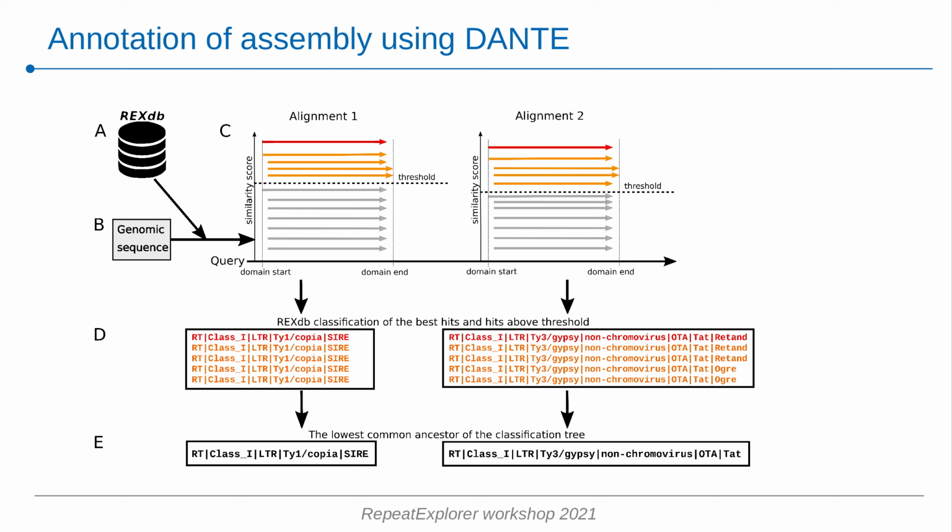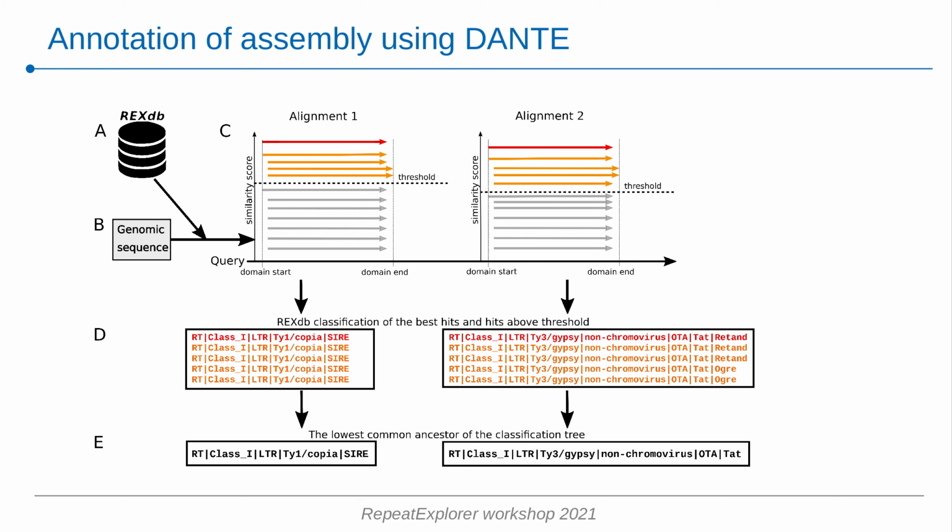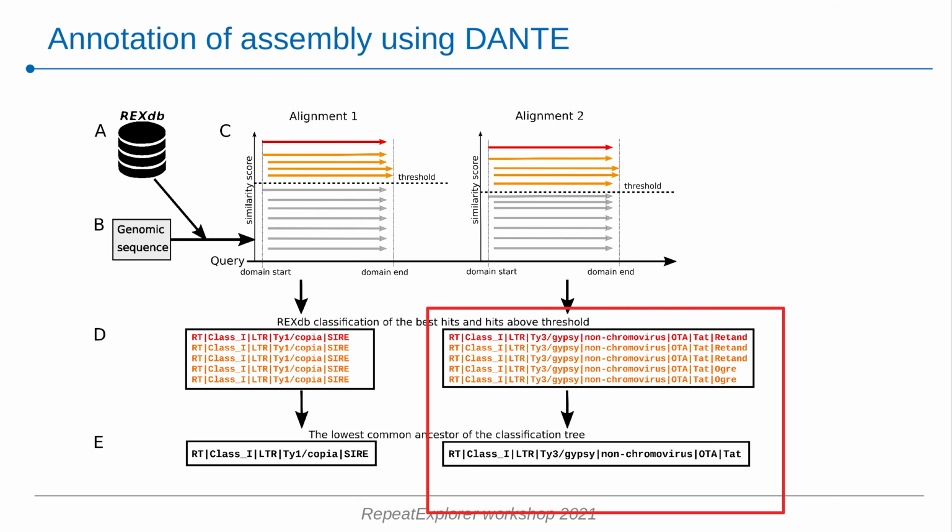Similarity search is performed using the LAST program, and all similarity hits which pass the initial threshold are then recorded, and the resulting annotation reflects the RexDB annotation and all hits which were above the threshold. And then the resulting final annotation can be either determined to a specific classification level or to some upper level classification if some ambiguities exist.